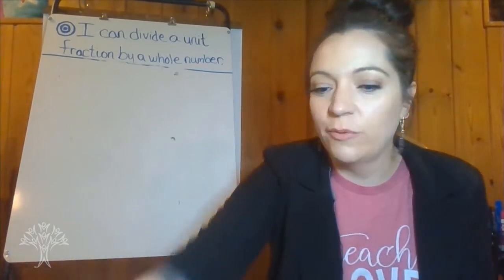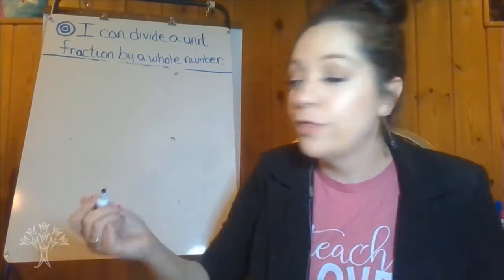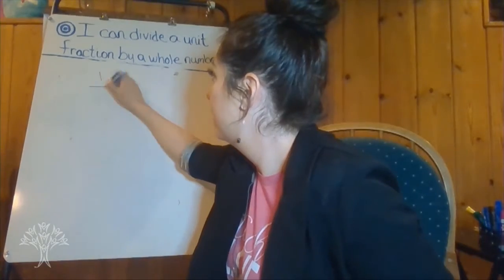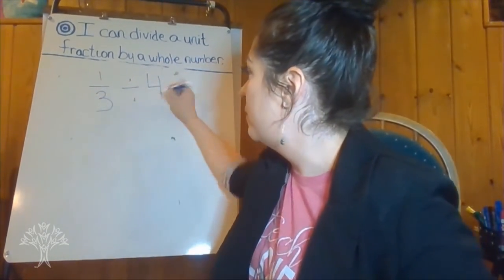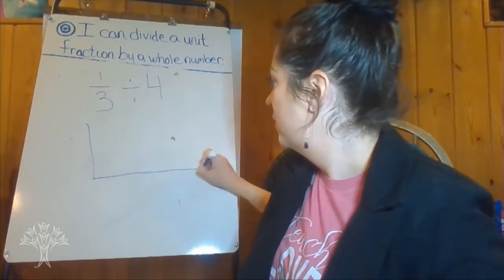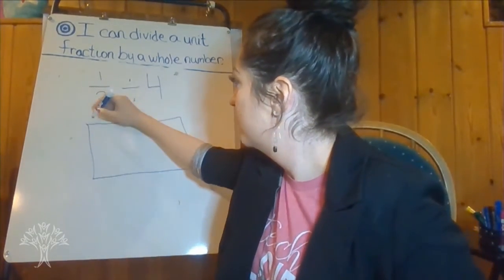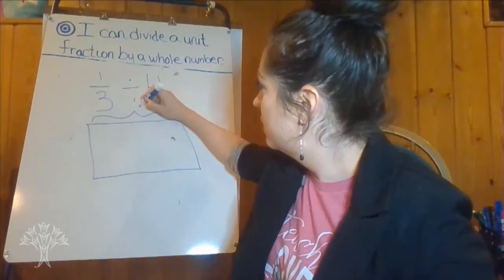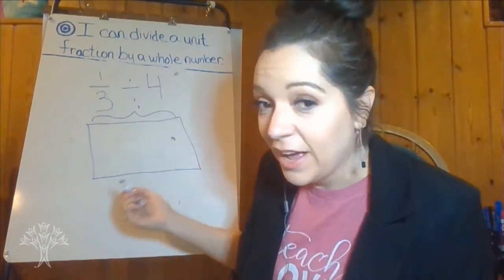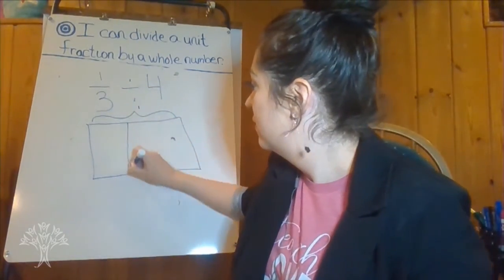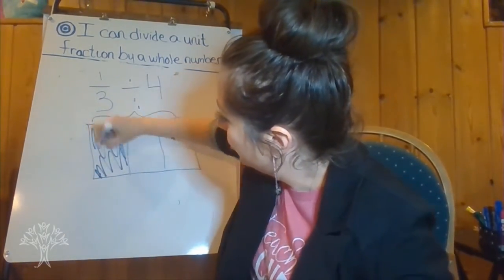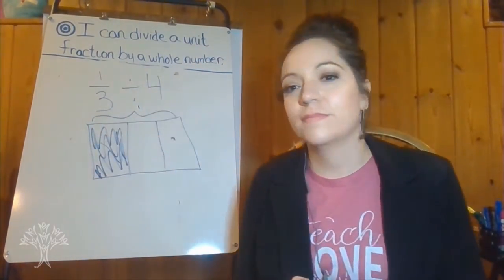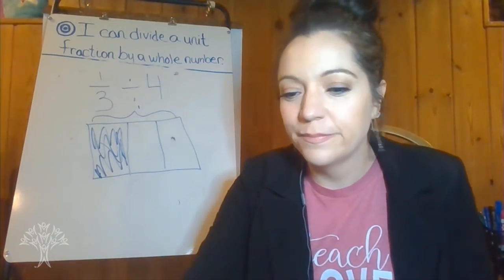So what are they starting with? They're starting with 1/3 of the pan. And it's divided amongst 4 people. So here's their pan. That's the whole pan. They don't have a whole pan. Somebody ate it. They only have 1/3 left. What do we do?